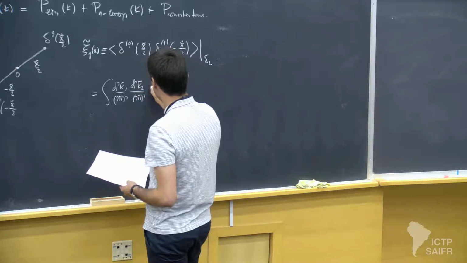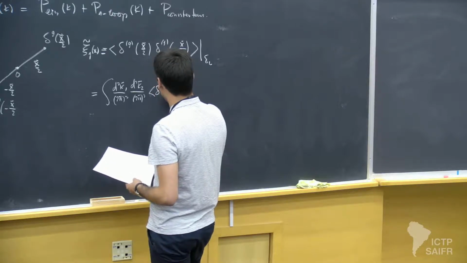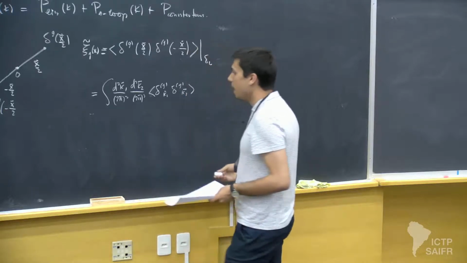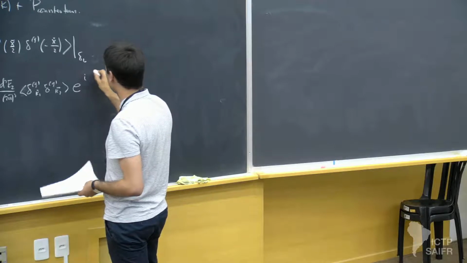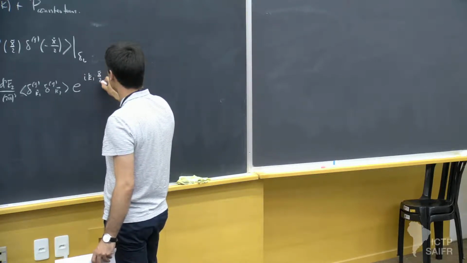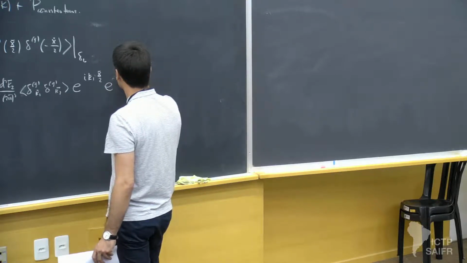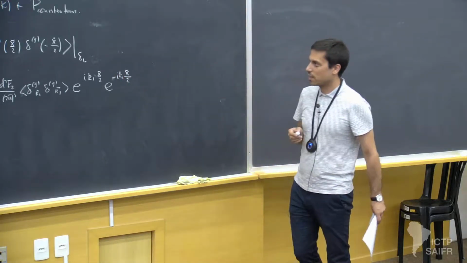Here we have delta galaxy k1, delta galaxy k2, and then factors of e^{i k1 · x/2} and e^{i k2 · (minus x/2)}. This is just the Fourier transform.